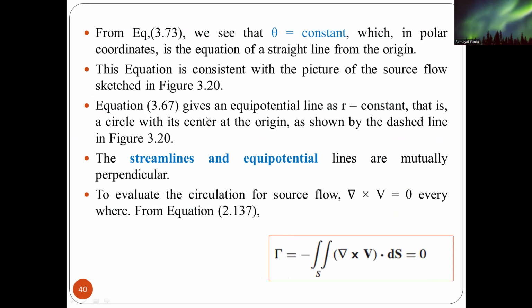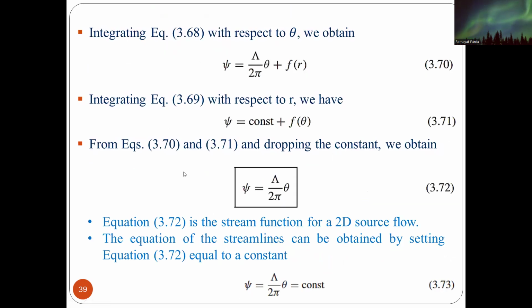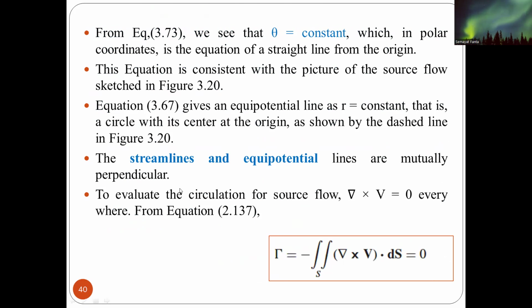And equation 367 gives an equipotential line as r constant. If r is constant here, we have an equipotential line, but if r varies, it will vary with the value of φ. The streamlines and equipotential lines are mutually perpendicular to each other.